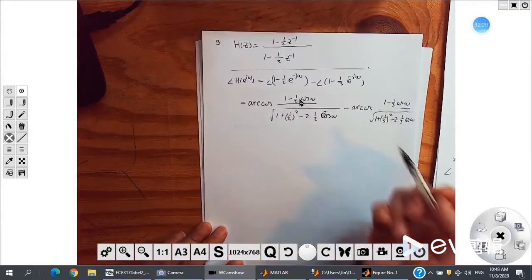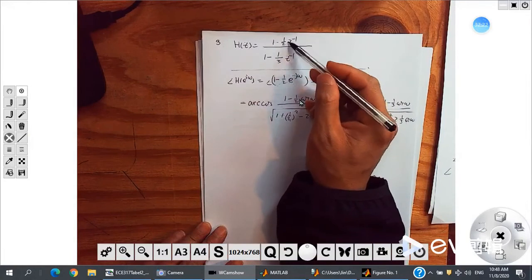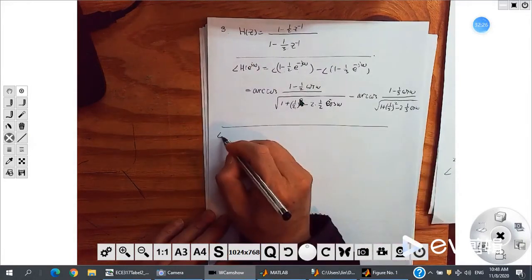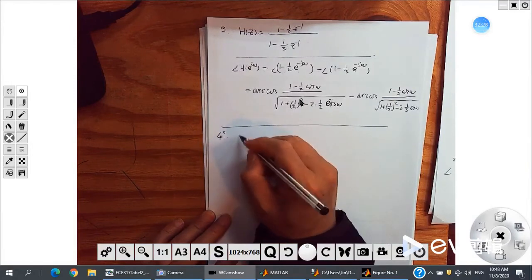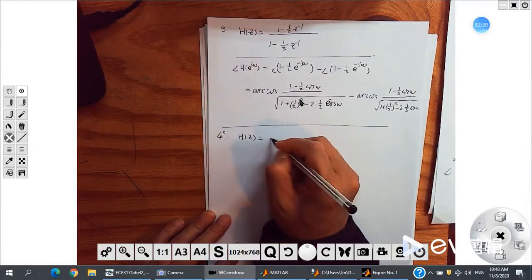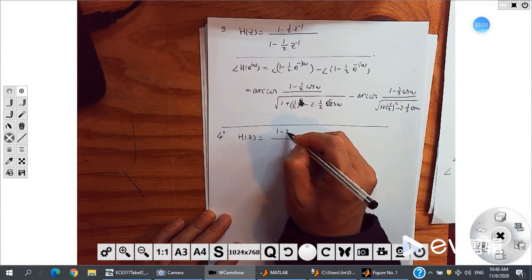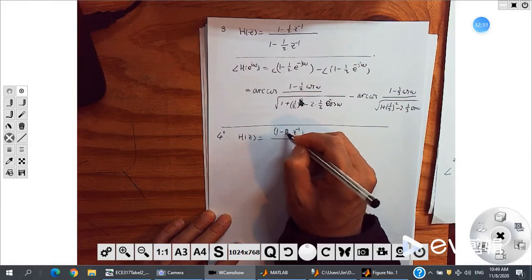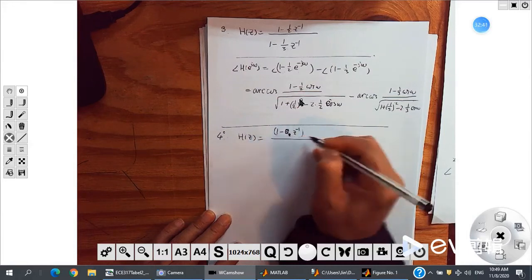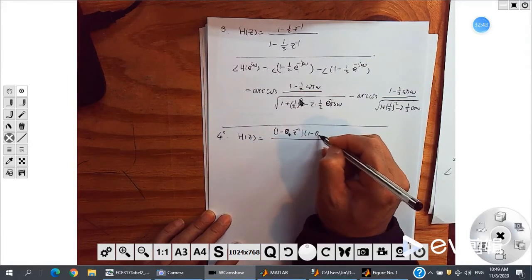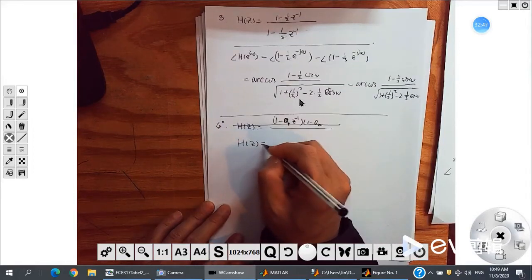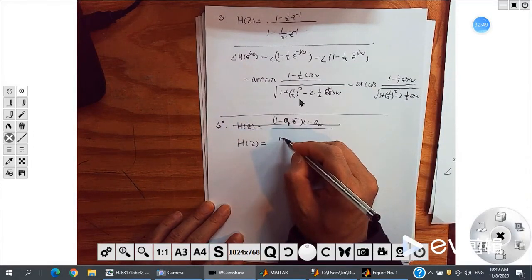This is a case where we only have 1 zero and 1 pole. In general, for H of z, you have 1 minus zero 1 times z to negative 1. Sorry, I change the notation. I use r for zeros.